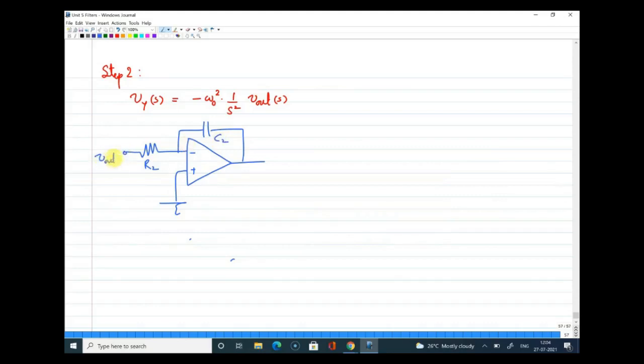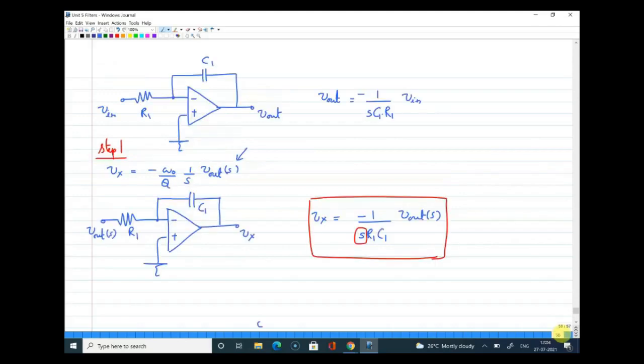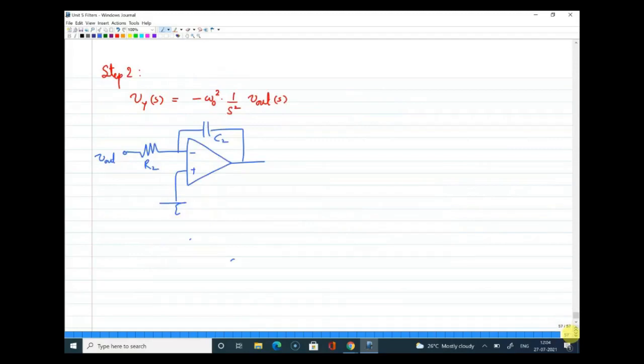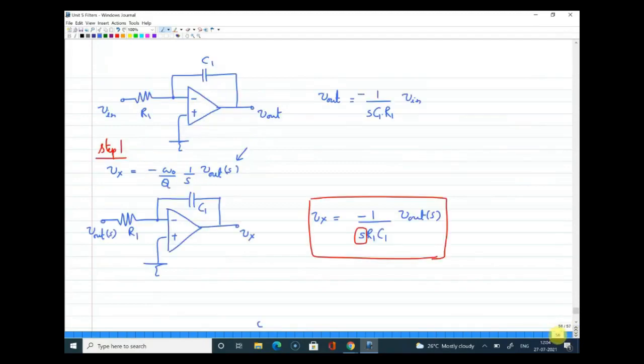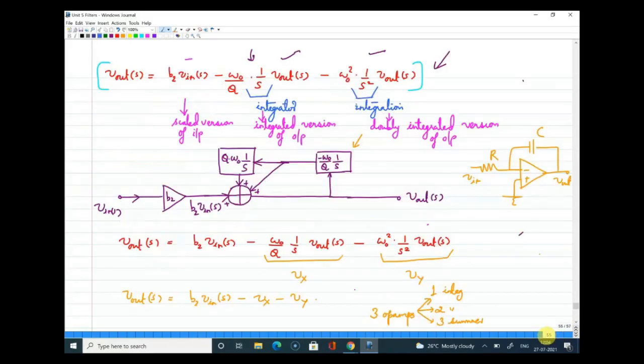And the input of this is, if you look at this, what I need is Vy of S equal to minus omega naught square into 1 by S square into V out of S. But how did we implement it at the block level? At the block level, we are getting Vx here and we are getting Vy here, isn't it?